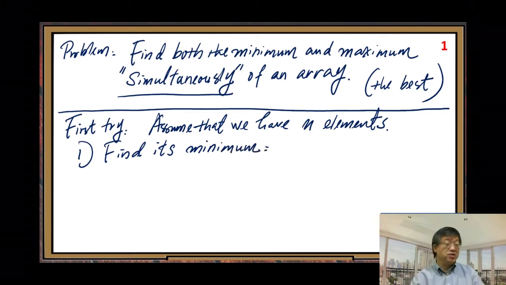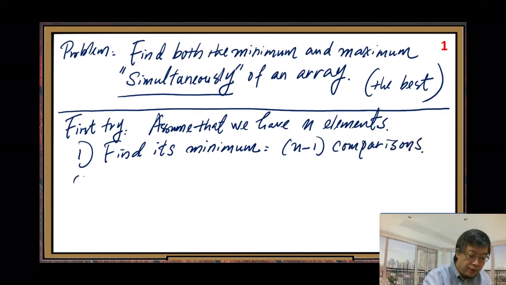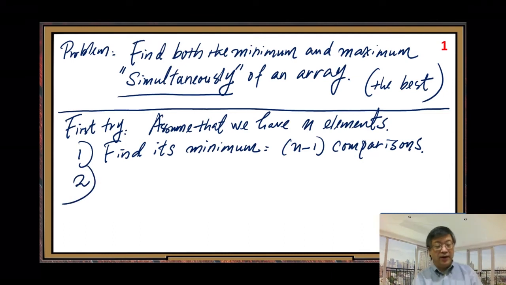How many comparisons do we need? We're familiar with this question. Finding the minimum, we need n minus 1 comparisons, right? Step 2, then find its maximum.